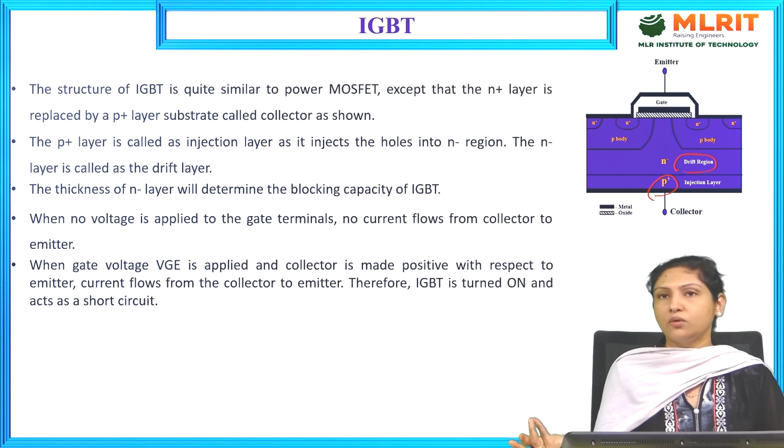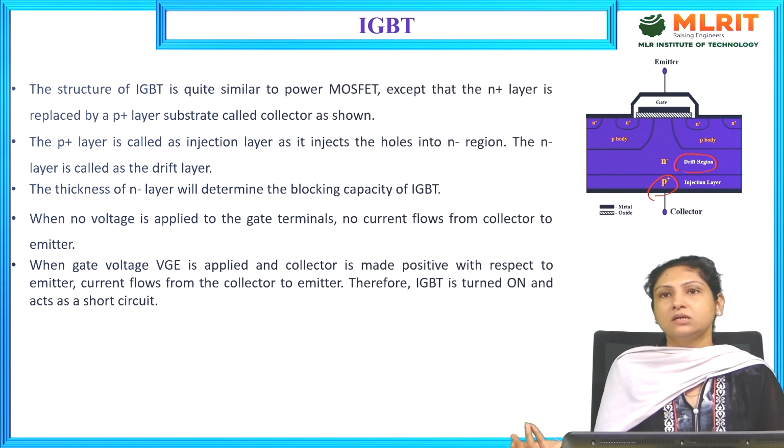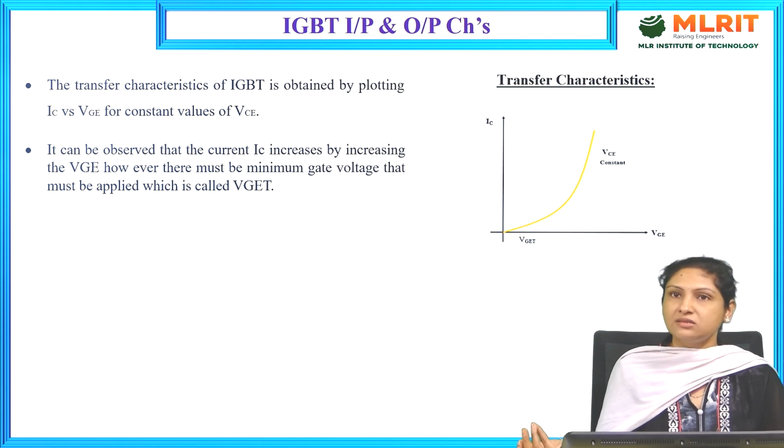When no gate voltage is applied, current will not flow, and when gate to emitter voltage is applied, the IGBT is turned on and then current starts flowing.